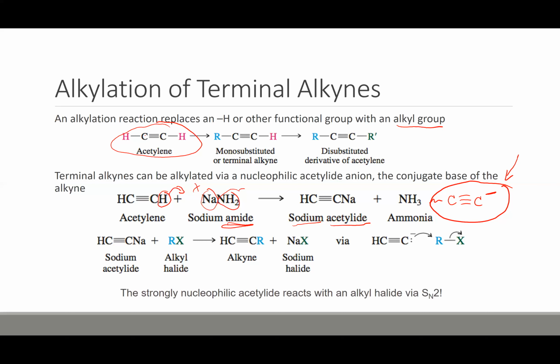Now, the acetylide is very strongly nucleophilic. It's going to act as the nucleophile in this reaction. And it's going to act through an SN2 substitution, but it is the nucleophile, and it is going to react with a carbon group. So we actually add a carbon group on.